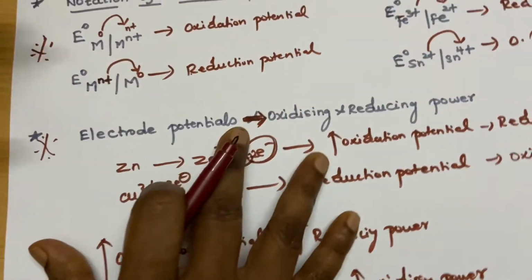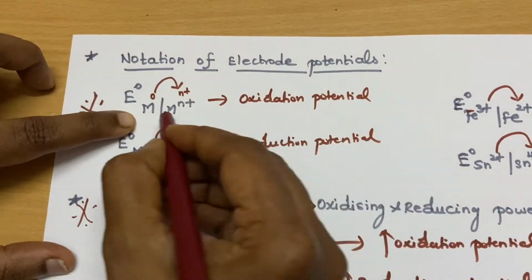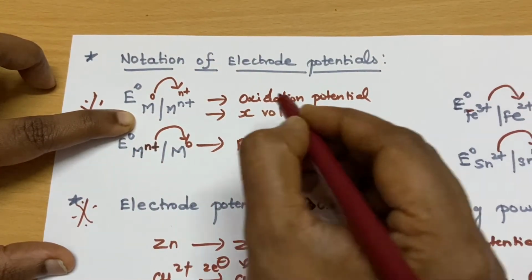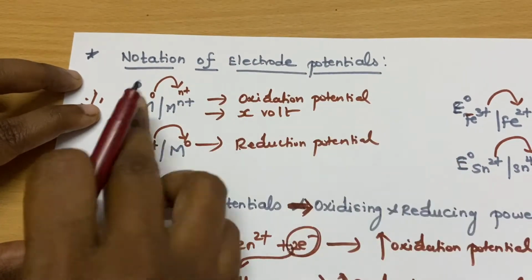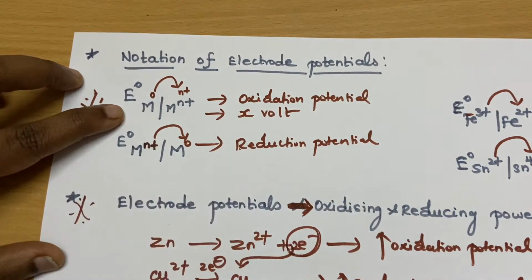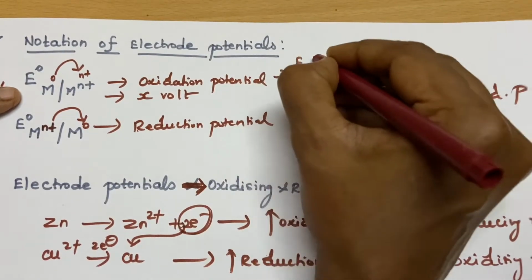So one more thing I needed to tell you here. See here, if they have given the value to be X volt, okay, so this is an oxidation potential. Suppose for your problem you don't need the oxidation potential, you only need the reduction potential. So what you have to do?